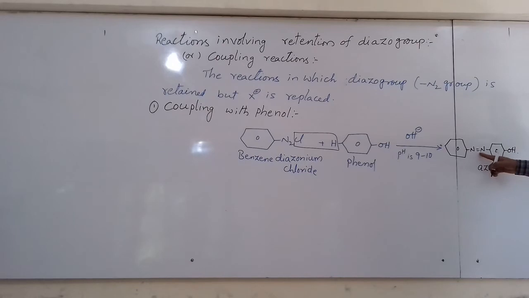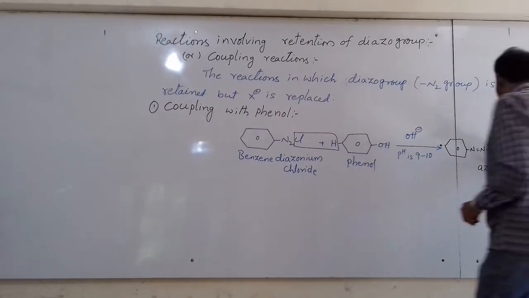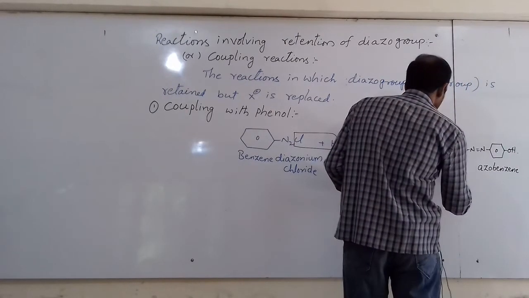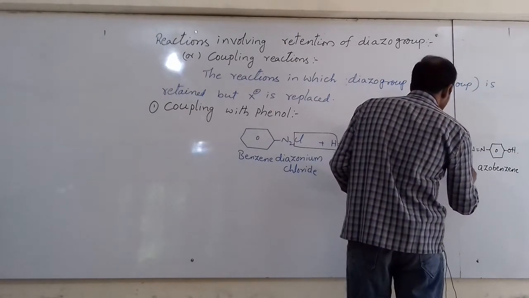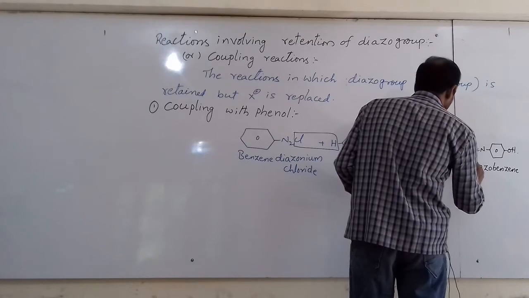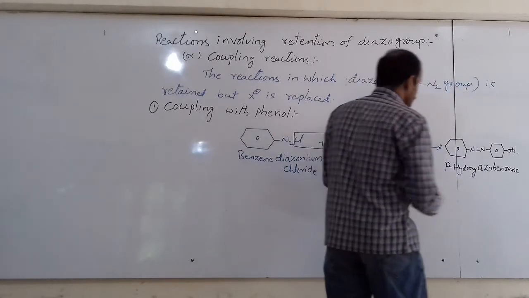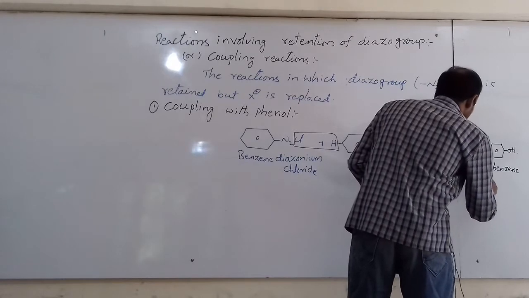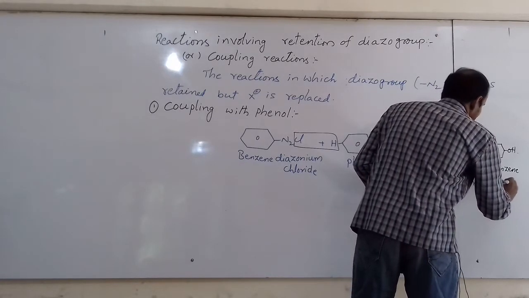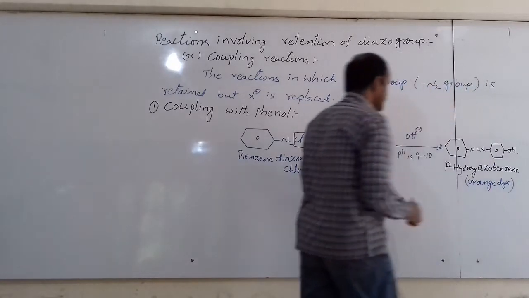The azo group is N double bond N. Then with respect to this azo group, the opposite position is called the para position. At the para position OH is there. Hence this is called para hydroxy azobenzene. It is orange in color, hence it is used as an orange dye.